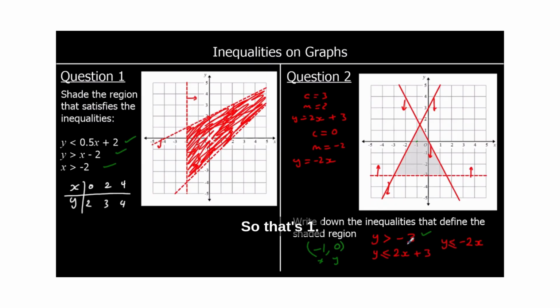So that's 1. So 0 is less than or equal to 1. That's true. And we've got 0 is less than or equal to negative 2 times negative 1, which is 2. So 0 is less than 2. That's correct.